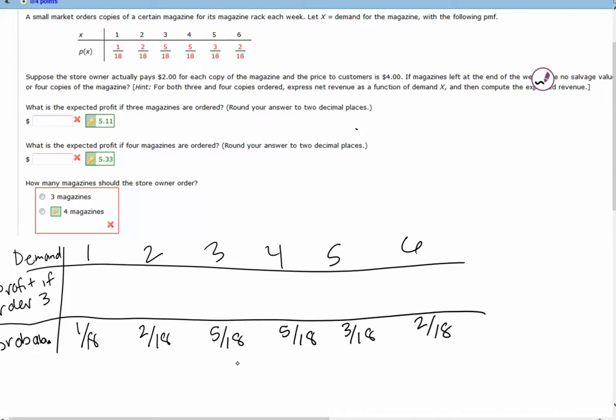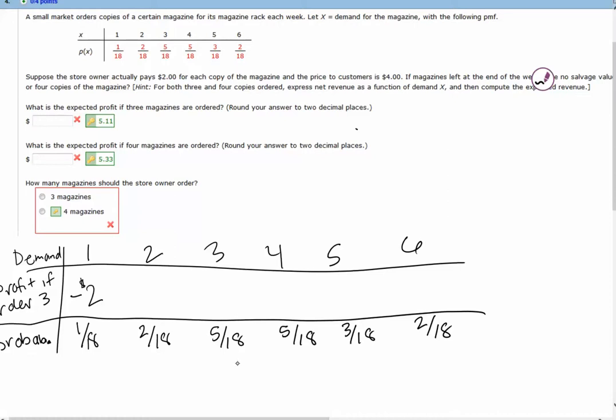So the profit if he orders 3 magazines. If he orders 3, he had to pay $2 each, so it cost him $6. But the customers bought 1 magazine, so he gets $4 back, so he's actually in the hole negative $2. That is his actual profit.